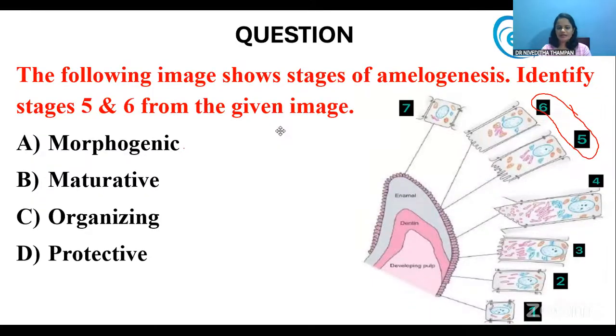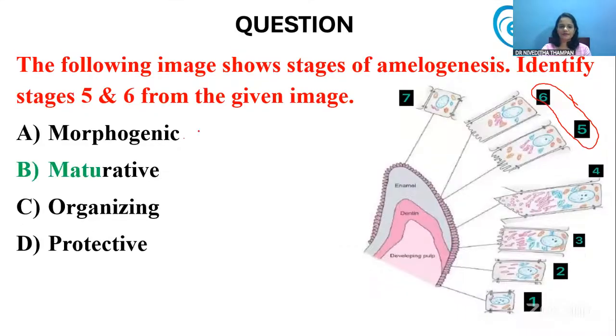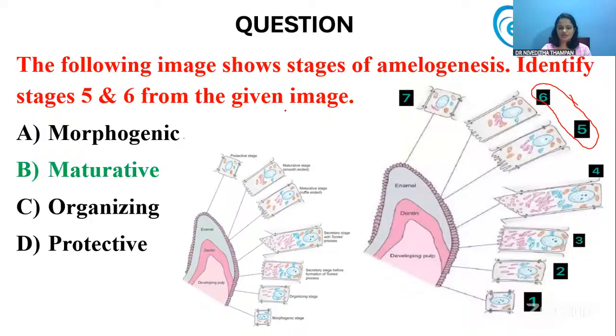The main clue is the ruffled borders. Look at the ruffled borders at the basal end of the ameloblast. Yes, all are right. It is the maturative stage. Another NEET MDS 2025 question, extremely important.